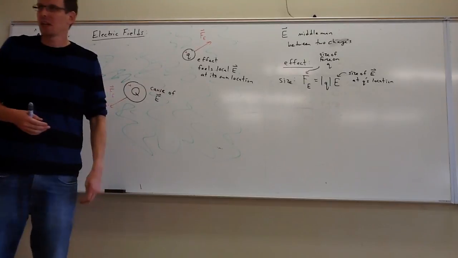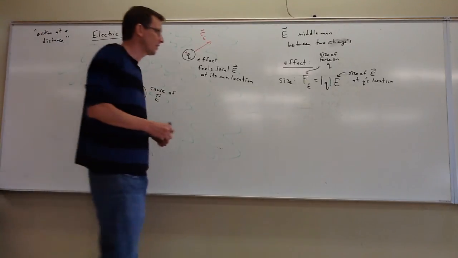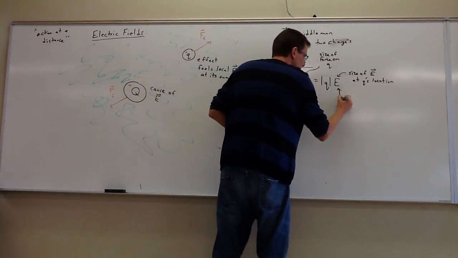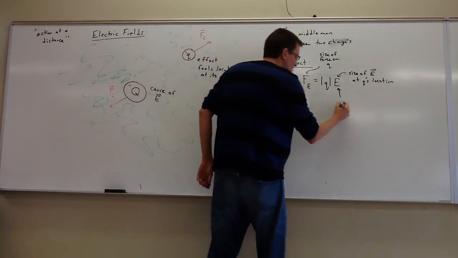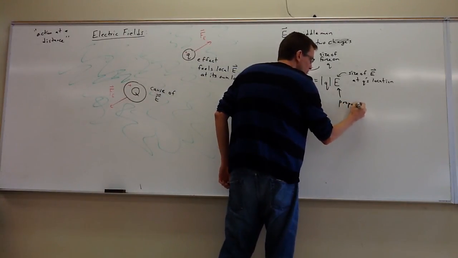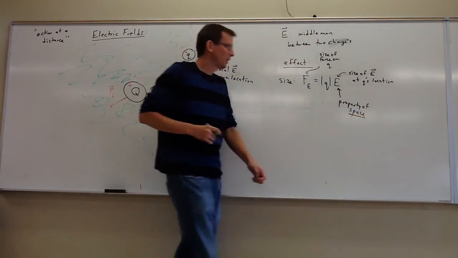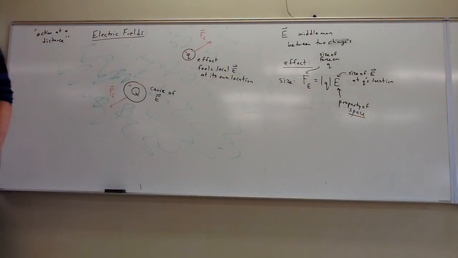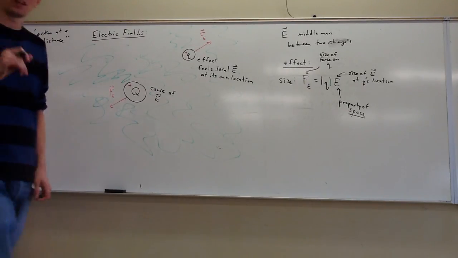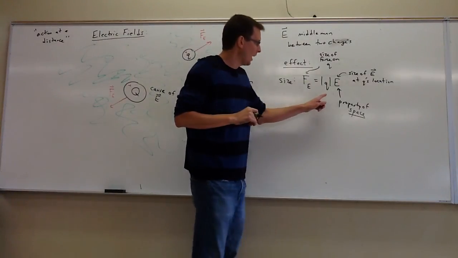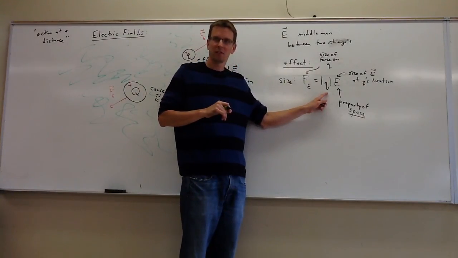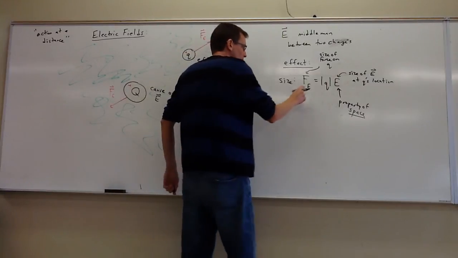Now that might not seem like much, but I do want to emphasize that this is a property of space. It's a property of the location. We say that it's there whether or not you choose to put anything there. That property exists at that location. When we supply something to put there, then this will tell us the force on that charge.